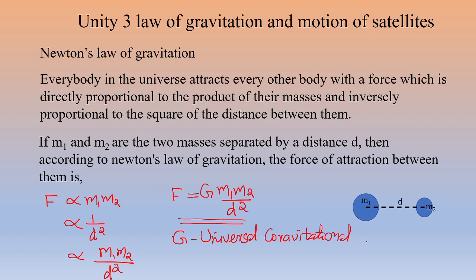And how can we define the universal gravitational constant? If we have masses of 1 kilogram each, that means m1 equals m2 equals 1 kilogram, and they are separated by a distance of 1 meter, that means d is equal to 1 meter, then the expression for the gravitational force becomes F equal to G. That means the gravitational constant is equal to the force of gravity that exists between two masses of 1 kilogram each separated by a distance of 1 meter.